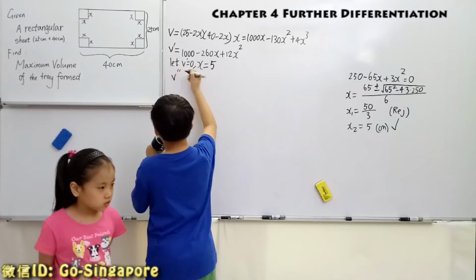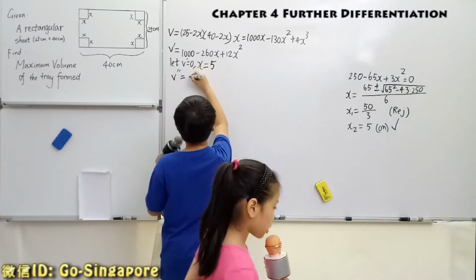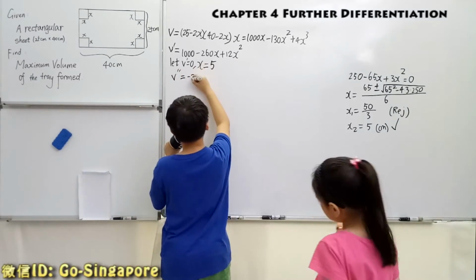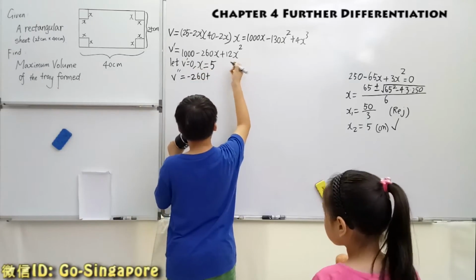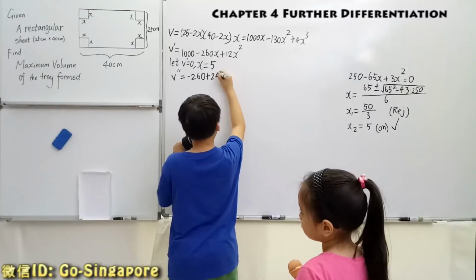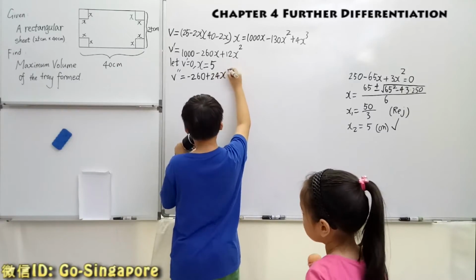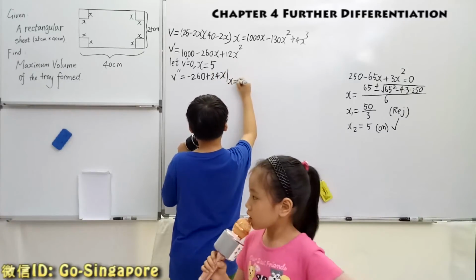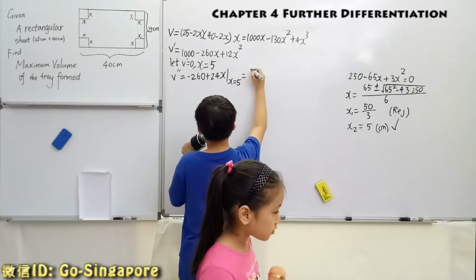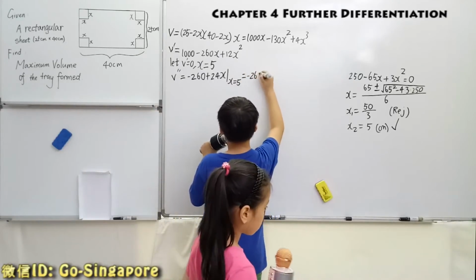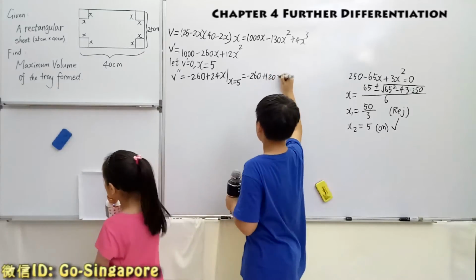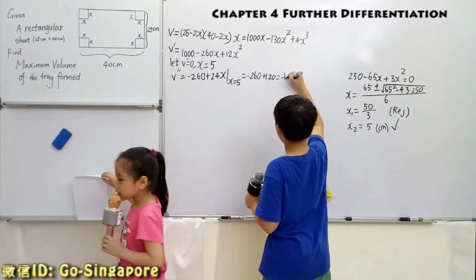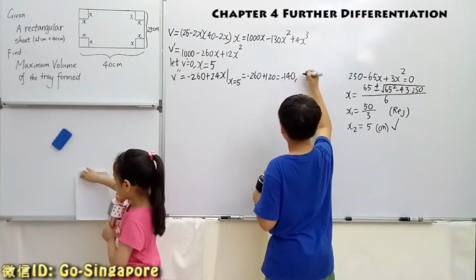Find the second derivative. So for this it is negative 260 plus 24x, then you need to substitute x, that is 5, right? So this is negative 260 plus... Actually, this one, the square you don't cut, because if you cut, it can open.